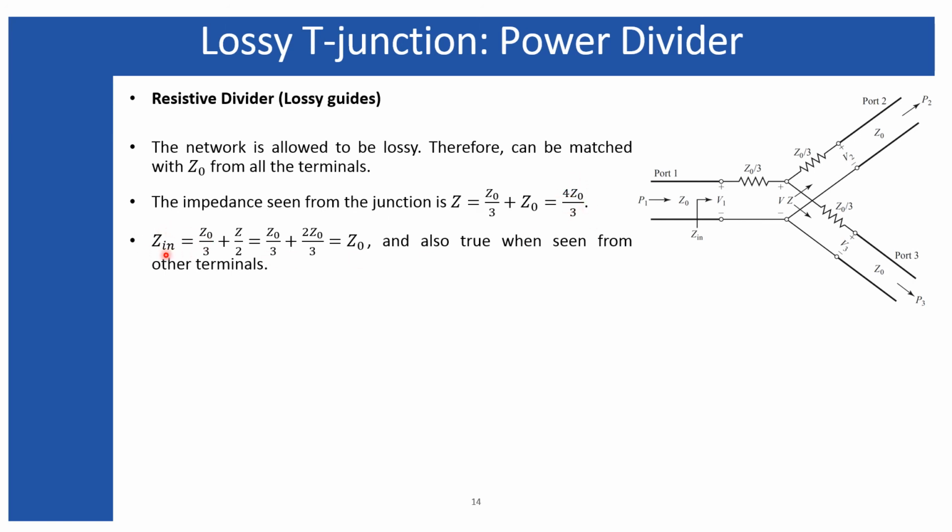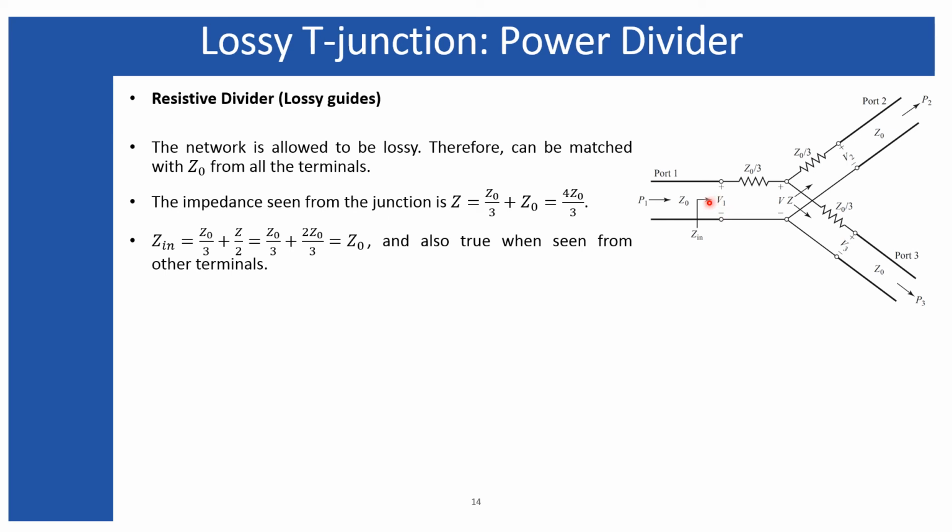So the total input impedance seen looking from this terminal is Z0 divided by 3 plus Z by 2, which is Z0 divided by 3 plus 2 Z0 by 3, equal to Z0. So look at here: the characteristic impedance is Z0, and the input impedance when you are looking from this one is Z0.